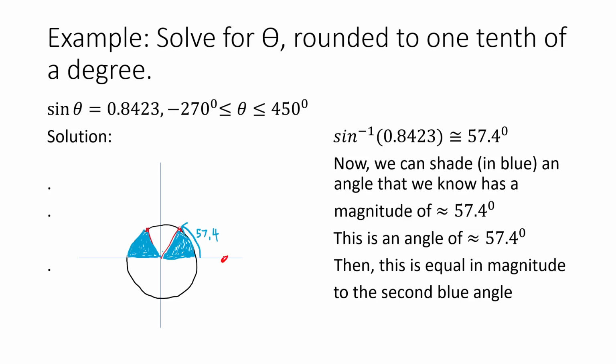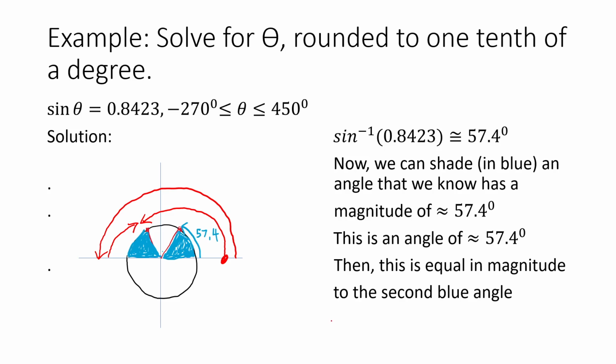And then we go back to 0 and we say to ourselves, how big is this angle? Well, you can think of it this way if you want. You can say, we go a full 180, that's positive because it's counterclockwise, but then we go a negative 57.4.